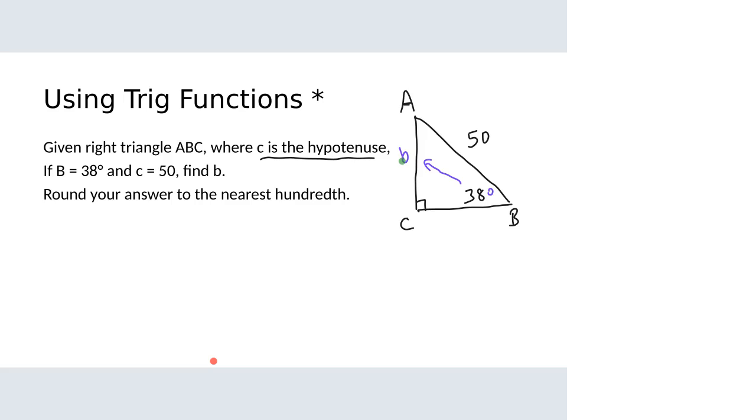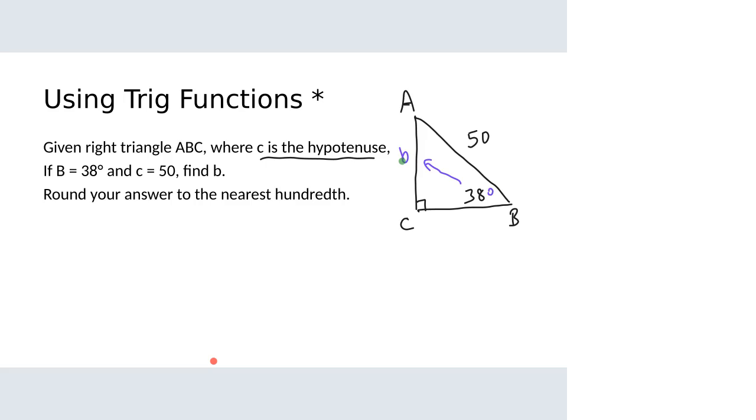One thing you'll find with these is there are quite a few things to do. Nobody expects you to look at that triangle and just know what B is, or to do something like, I don't know, 50 divided by 38, because we're not just going to pick something to do with the numbers. Instead, we know there's a process.